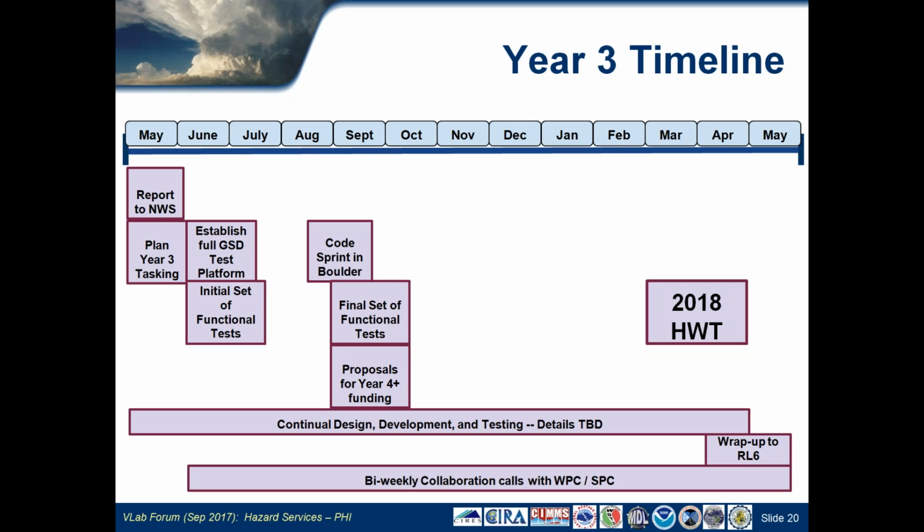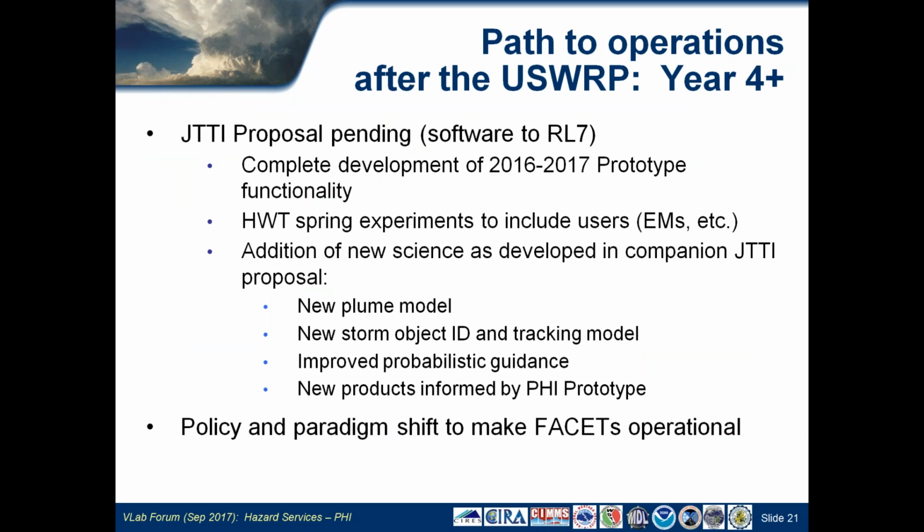So we'll just be kind of scratching the surface of that, but we do want to start to expand the FACETs concepts into that area as well. Finally, we're looking at proposals for year 4 plus funding.